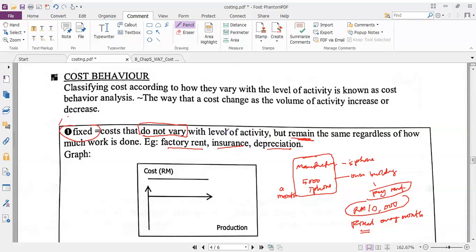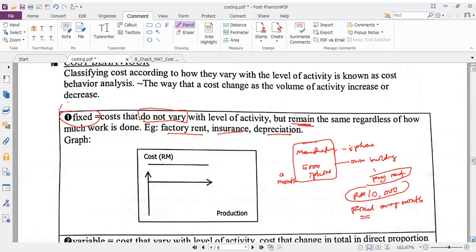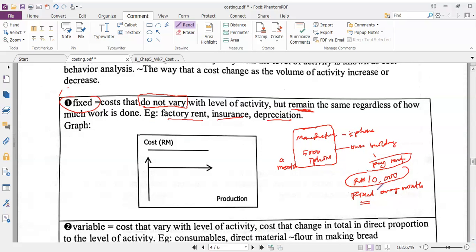Regardless how many level of activity your business produces, your rental is always fixed every month. Same goes to insurance and depreciation. So you must understand.